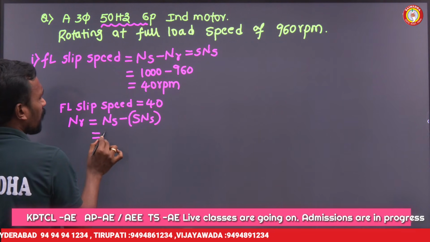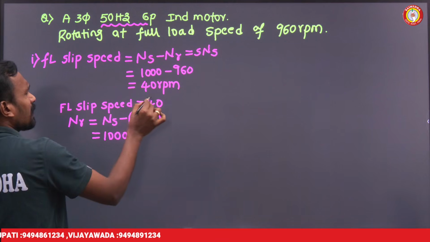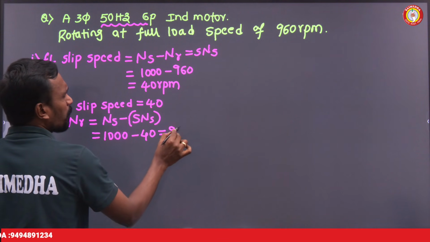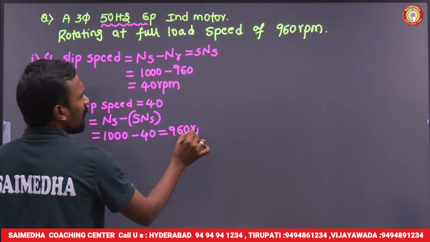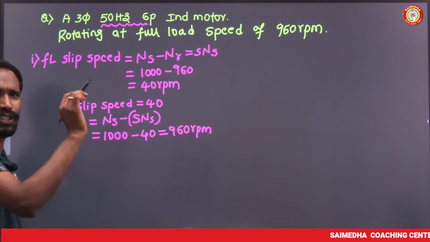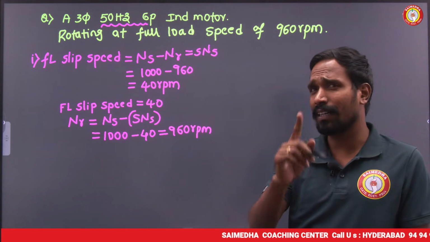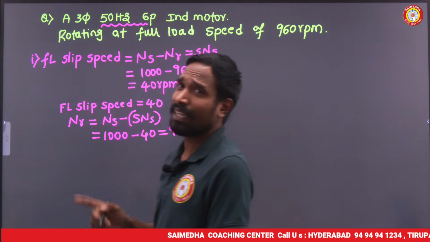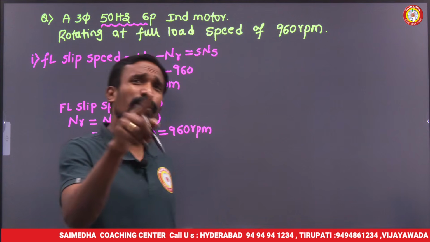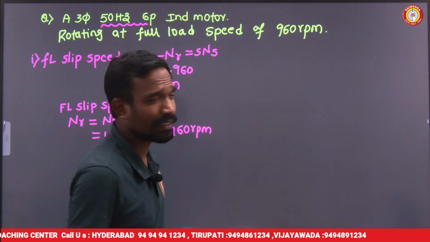The synchronous speed is 1000 rpm, the slip speed is 40, so the rotor speed will be 960. Question to answer, answer to question. They will give you the rotor speed and ask you the slip speed, otherwise they will give you the slip speed and ask you the rotor speed, whatever it may be. Are you clear? Can I ask you another question?